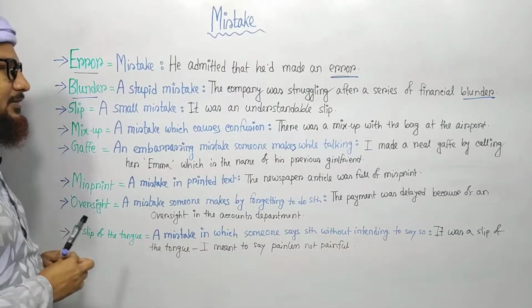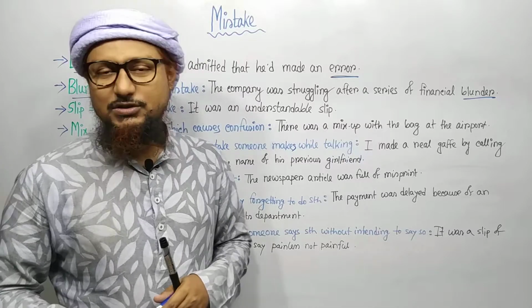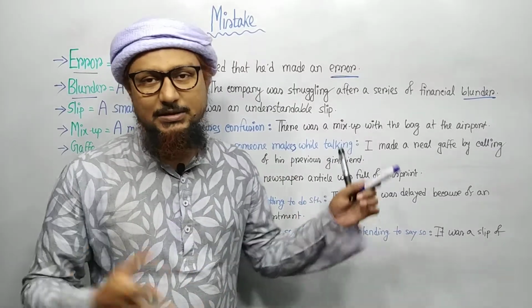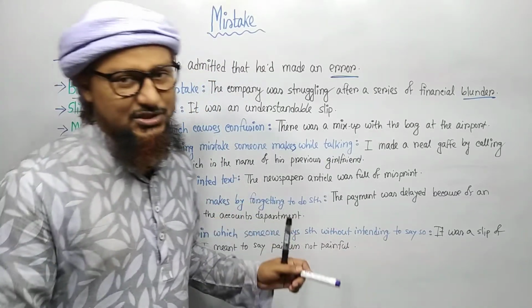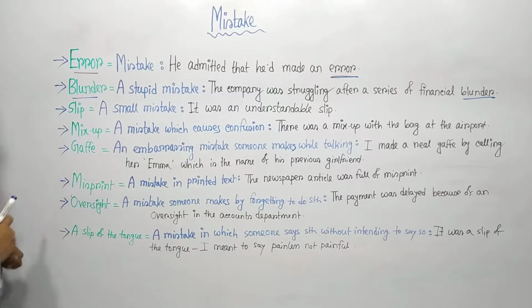So the company made some serious mistakes, some errors. They were so stupid that they made some mistakes. Financial blunder, the financial mistake.